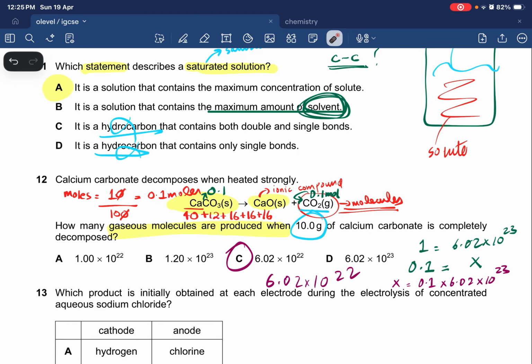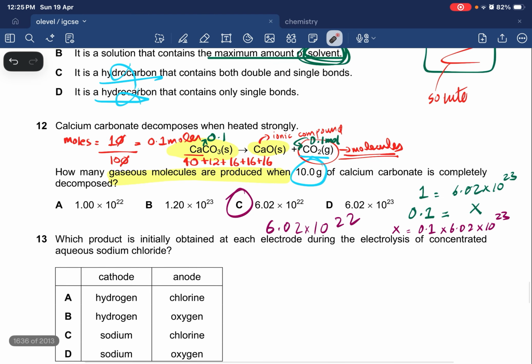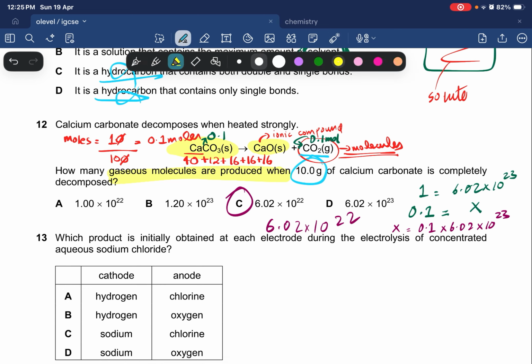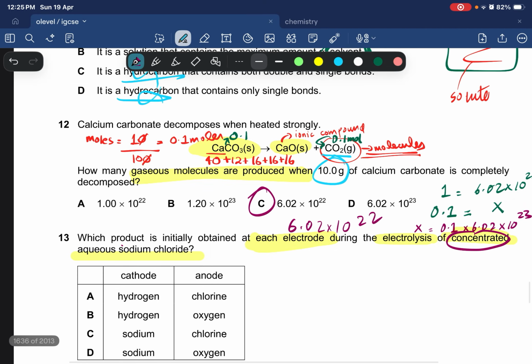Done. Which product is initially obtained at each electrode during the electrolysis of concentrated aqueous sodium chloride? Okay, you need to first realize that you've concentrated sodium chloride. Okay, concentrated NaCl.